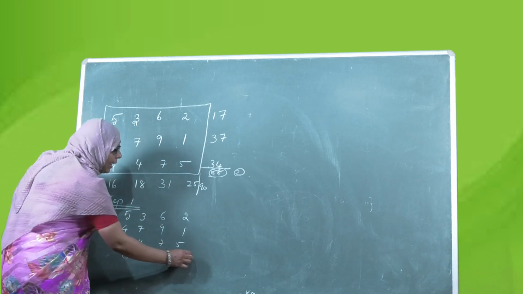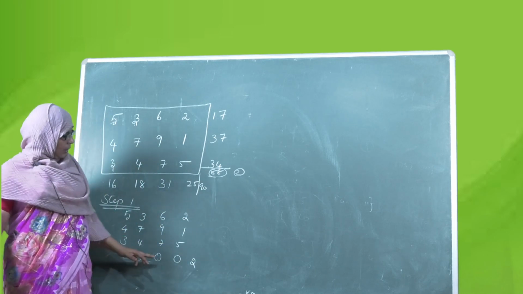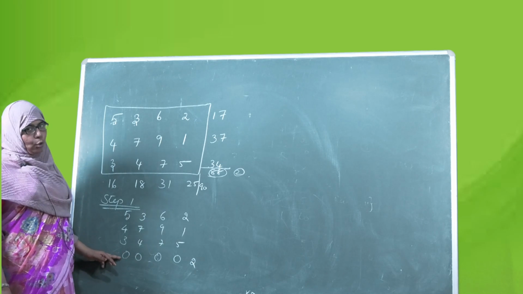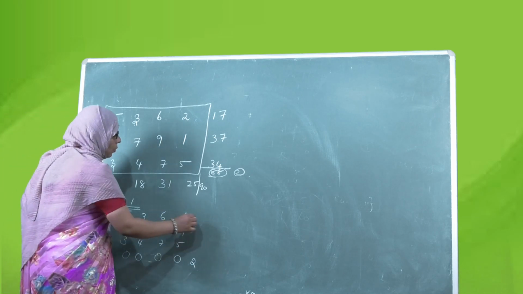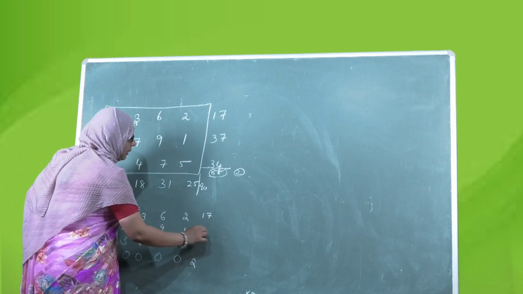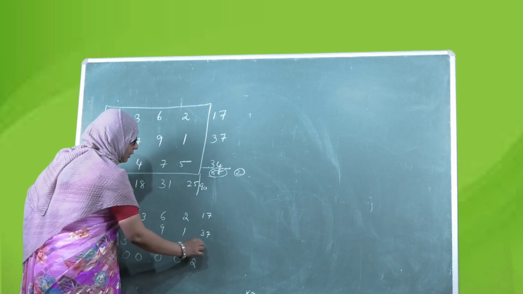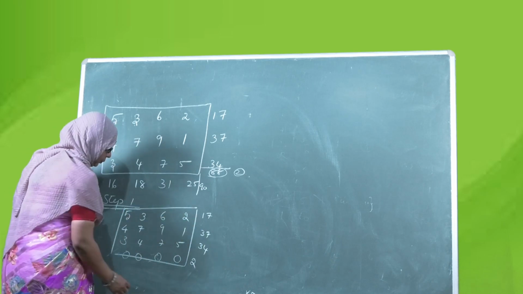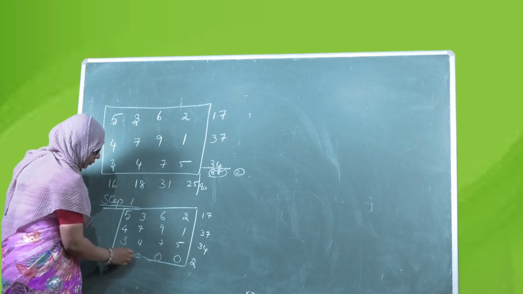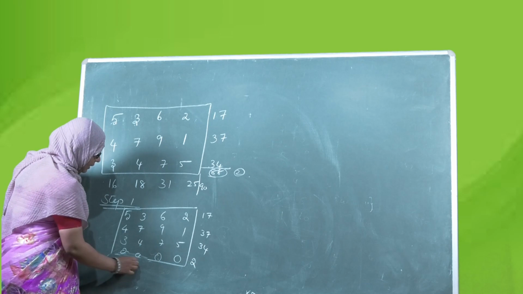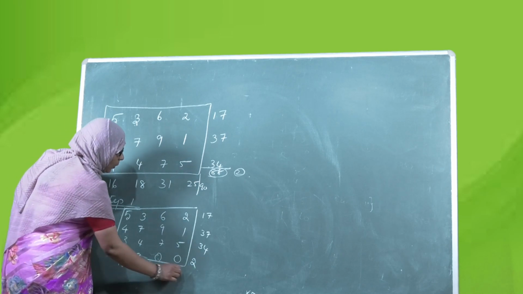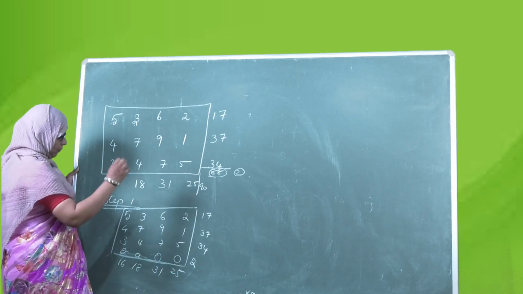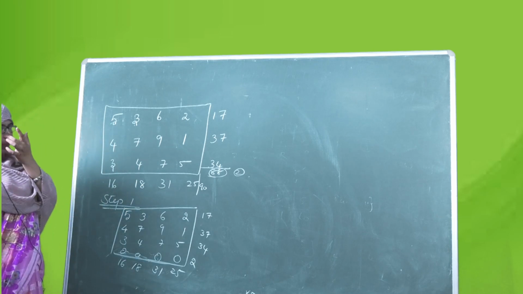You have to add 2 and give a dummy row. So the column totals are 17, 37, 34, 2, and the row totals are 16, 18, 31 and 25.